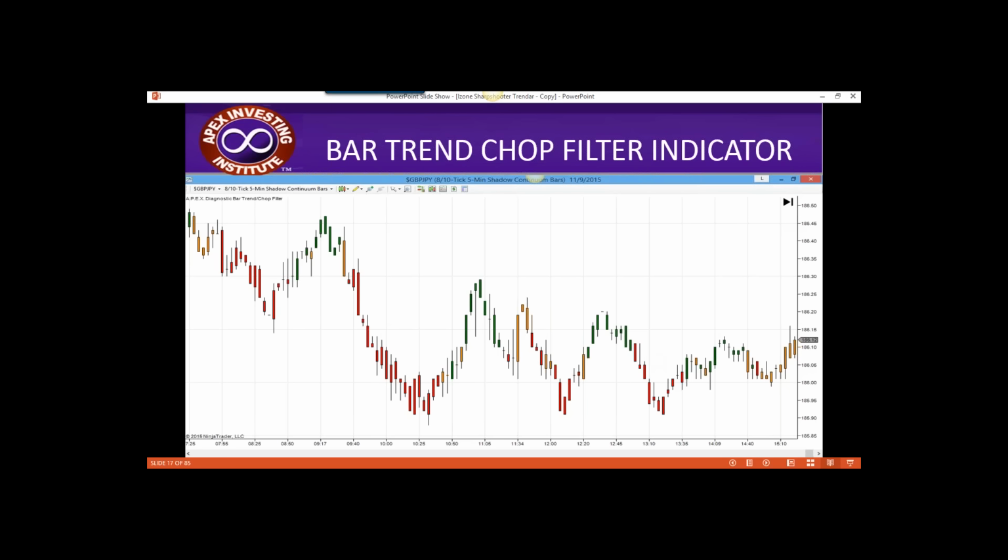This is not a trend confirmation indicator, necessarily. It's more of a chop filter to let you know when you've gone through the choppy times, all right? So we're looking at the time of bars to close and previous highs and lows and so on, multiple indications here. So that is one of the first things we use to determine chop, to not get in on a choppy bar just because it looks red or green at one of those levels, all right?